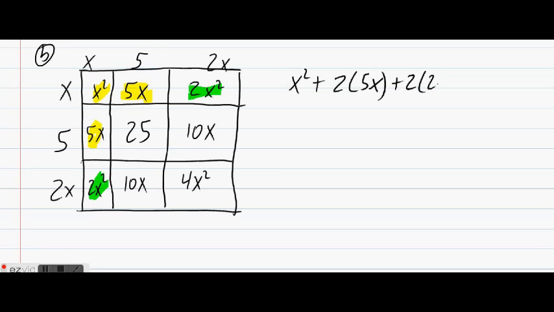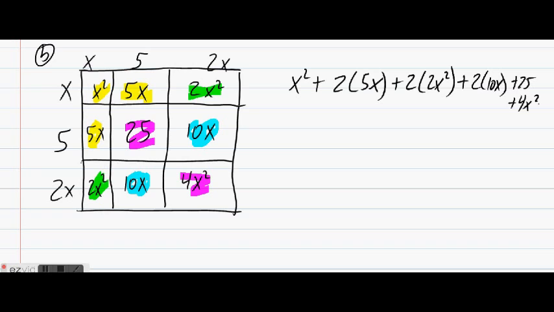So plus 2x squared. 10x. Well, again, there's 2 of those. So plus 2 times 10x. And then I have 25 and 4x squared. Let me write those 2 down. I apologize if I run out of room here. Alright, so plus 25. And I apologize, let me squeeze this in down here.